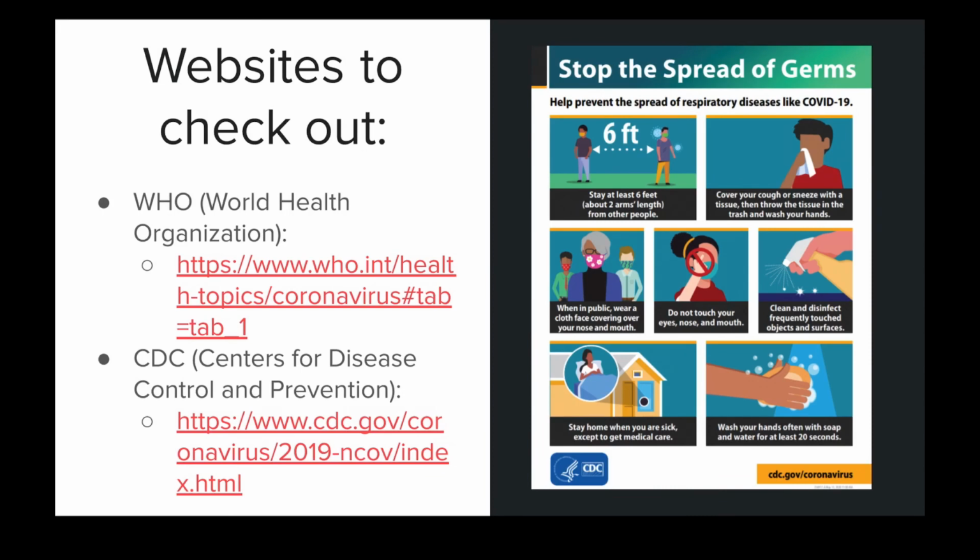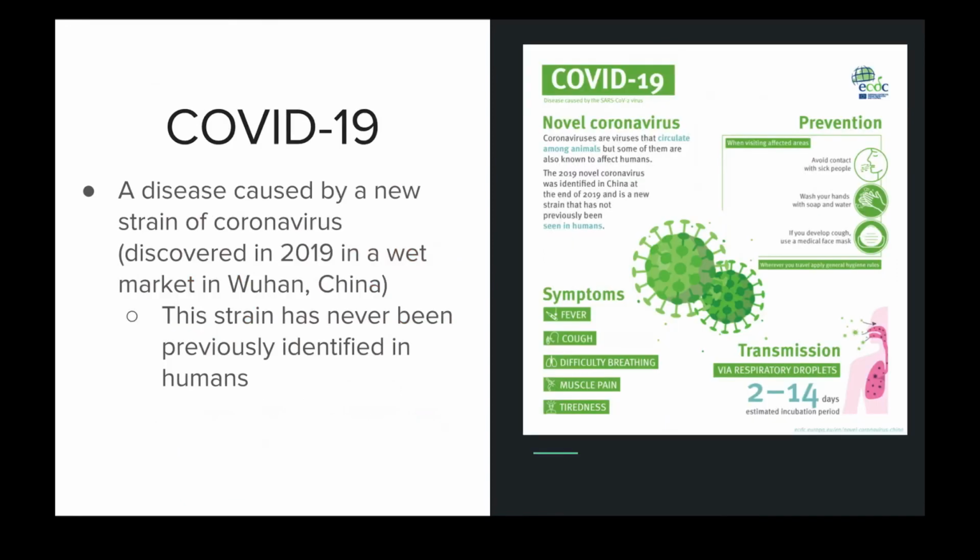And that's it for today's video. I'll briefly go over what we discussed today. So from the end to the beginning, we have websites to check out. We discussed the particular strain of COVID-19.